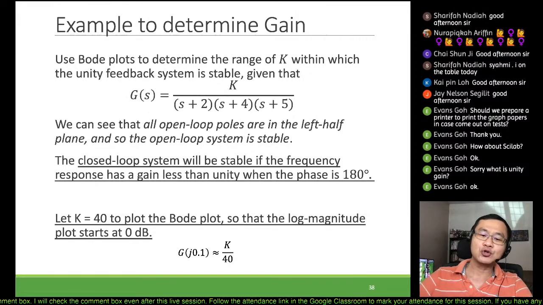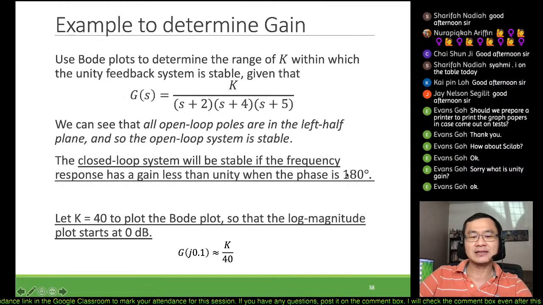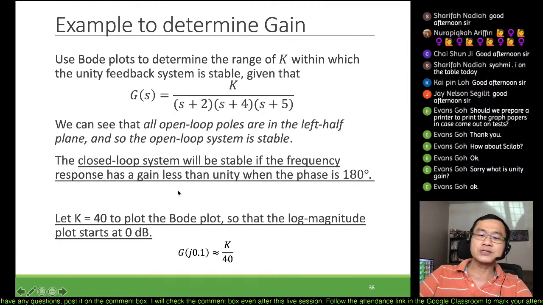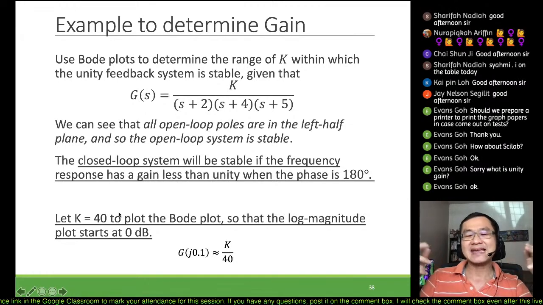How you can do that is we start by checking where 180 degrees is, and what would be the gain at that particular point. In order for us to start, we want to know the k value to be assigned here. Let's take it to be 40, so that we get the so-called unity gain.